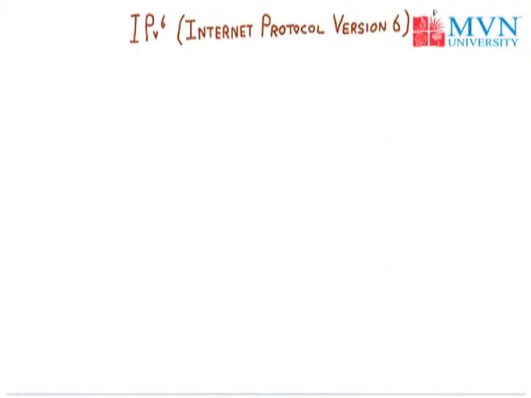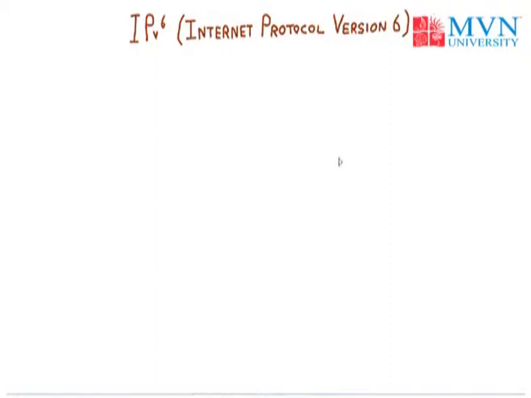For that, IETF issued a call for proposals and discussions. After various discussions, meetings and modifications, a combined version called SIPP, that is Simple Internet Protocol Plus, was selected and given the designation IPv6.